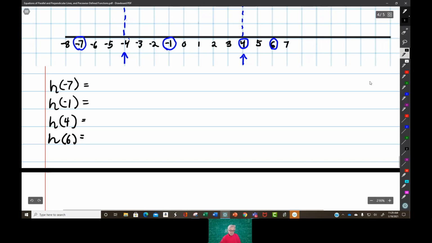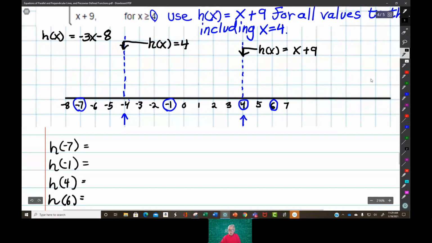Okay. So, negative 7 is definitely in this area.